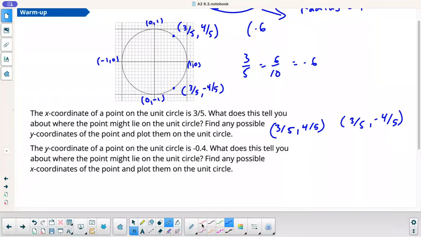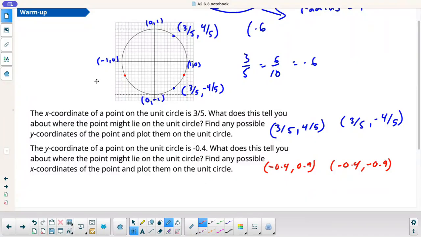So the y-coordinate is -0.4. So I go down 4 out of 10. 1, 2, 3, 4. So that point would be right there. And that point would be right there. Okay, so when I look at that, it looks like my x-coordinate is 0.9. And then the other one is -0.9.